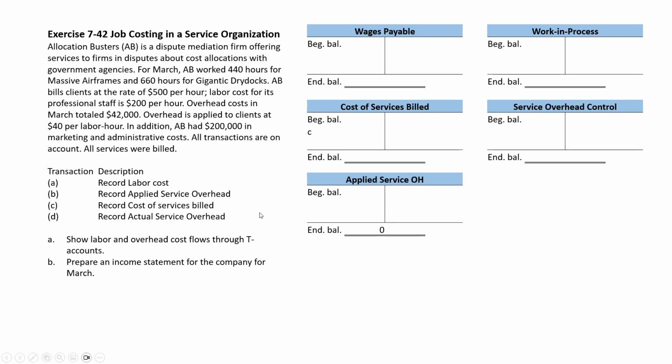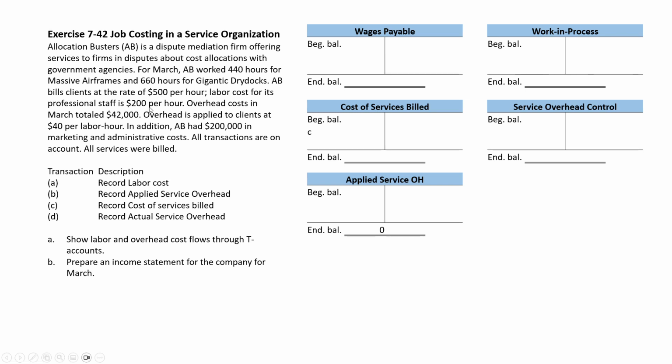We're going to jump into recording these entries directly into our T accounts, and the first item they ask us to record is our labor costs. Again, for a service company, they're not going to have material costs, just labor and overhead that we're going to record. Well, what's the total labor cost? Let me jump back up here, and they tell us that the total hours worked on two different jobs, and this is a dispute mediation firm, is 440 plus 660.